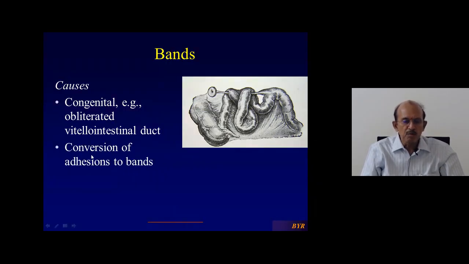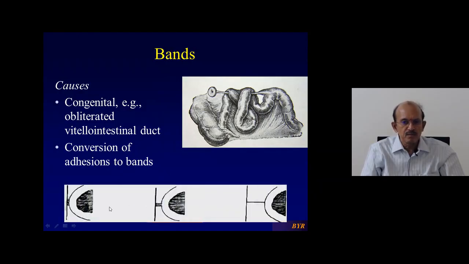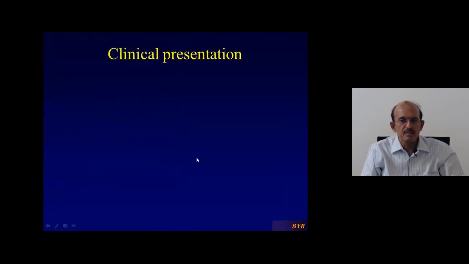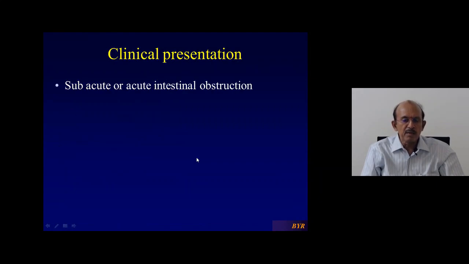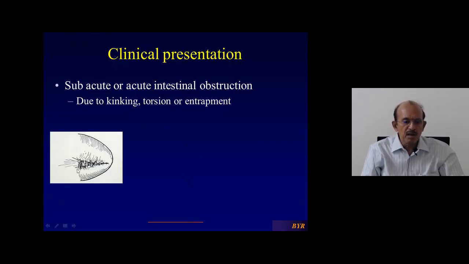The adhesions over a period of time get converted to bands. So this is adhesion, it gradually converted to a band like this. Clinical presentation: subacute or acute intestinal obstruction due to kinking, torsion, or entrapment. So the bowel is adhered like this, it will produce a kinking.